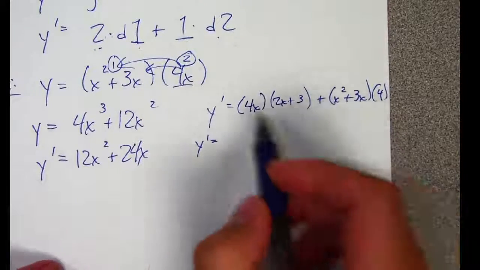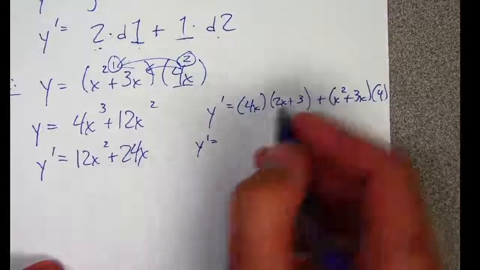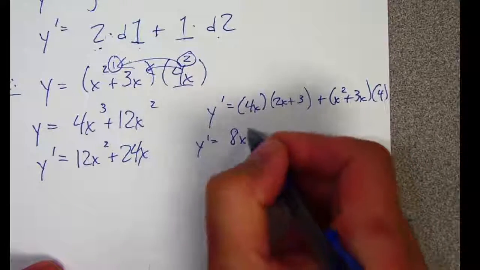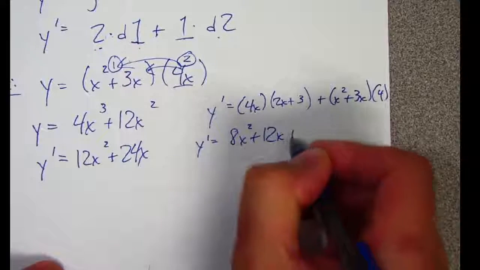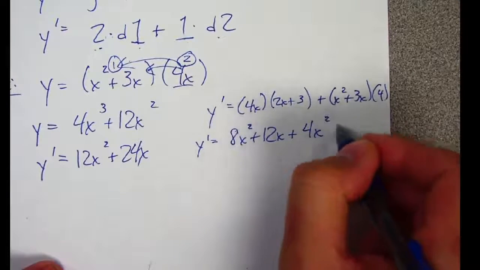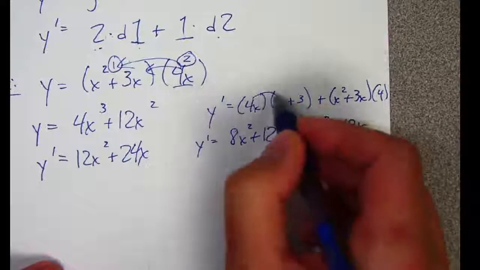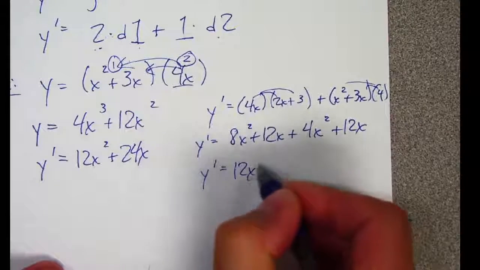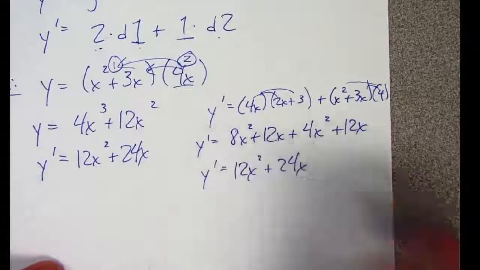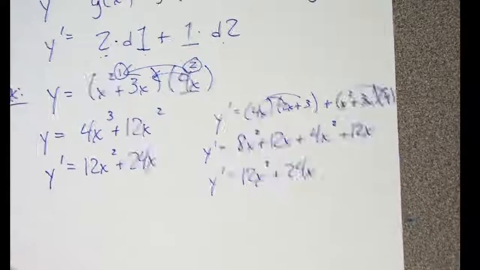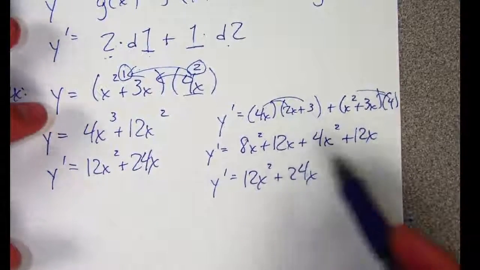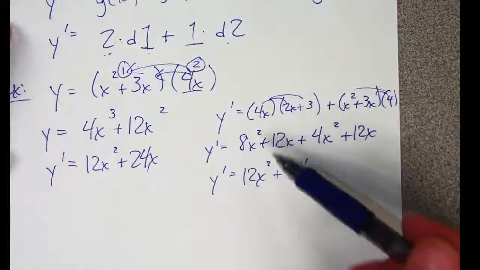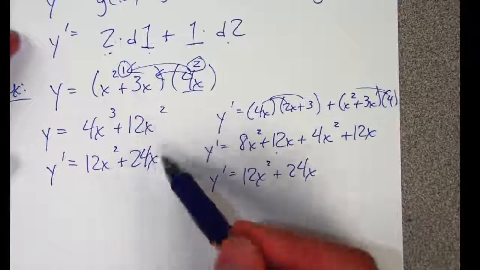So multiply through and combine like terms, and I should end up with this. So this would be 8x squared plus 12x plus 4x squared plus 12x again, and all I'm doing is distributing there. And if I combine those, I do get 12x squared plus 24x. So it does work. Hopefully that kind of convinces you, oh yeah, product rule is going to get me to the same place as this.